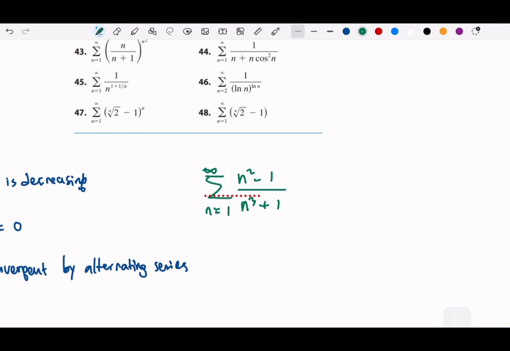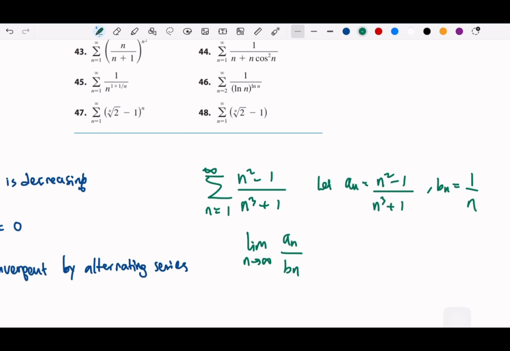Okay, now let an be our question's term, and then bn we take as 1 over n. Then taking the limit of an over bn.